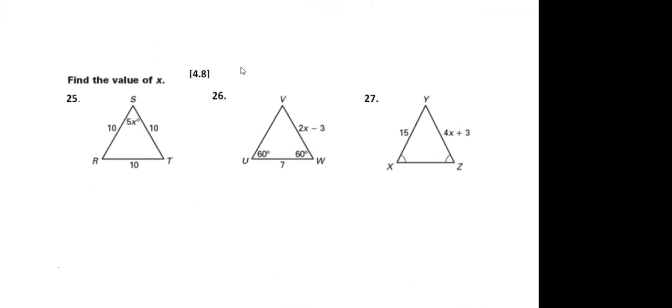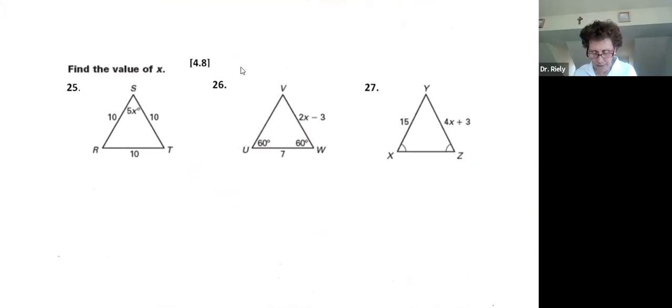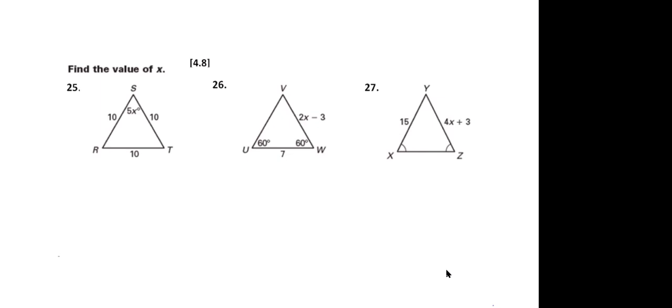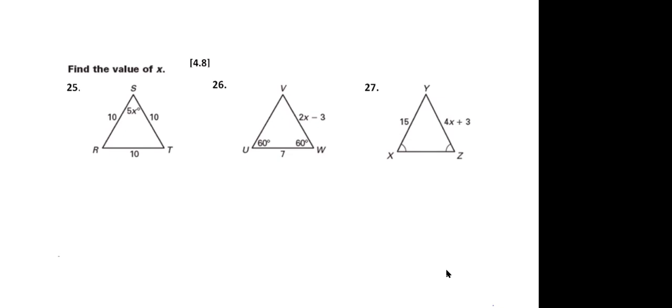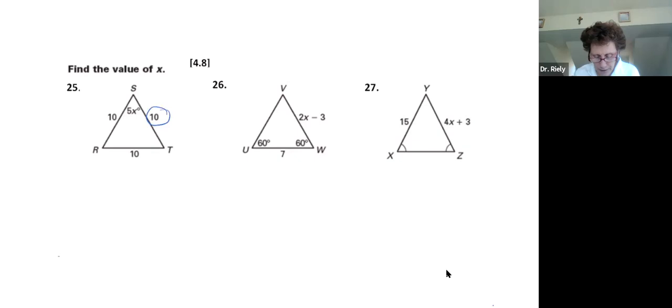On all of these, they want you just to find the value of x. You're not necessarily solving for the angle. So what about the first one? Marina, what do you think? I got x equals 6, but I don't think that's right. If x equals 6, then all the angles equal 30, and then you only have 90 degrees. So this is an equilateral triangle.